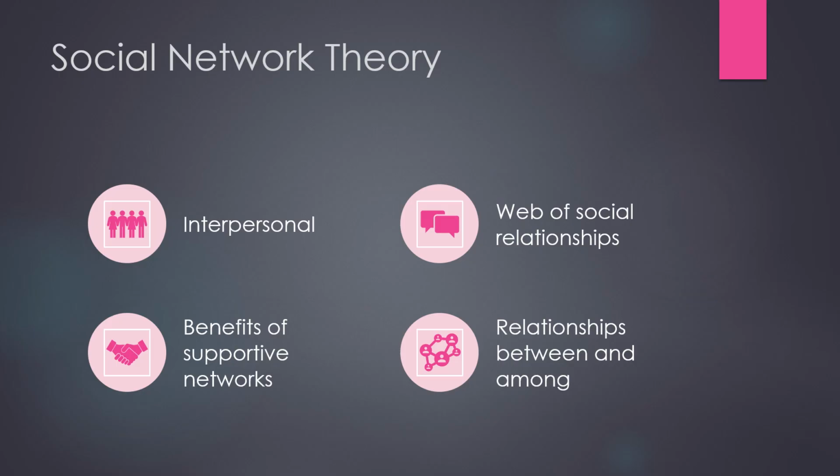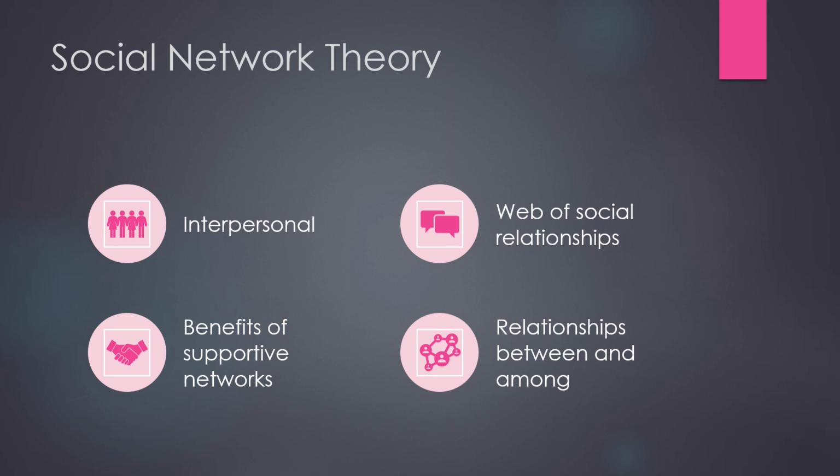The social network theory is also interpersonal, and it actually is defined as a web of social relationships that surround people and the structural characteristics of that web. It is created to describe social relationships and characteristics that can't actually be described through traditional social units like family. This is more inclusive and talking about communities.